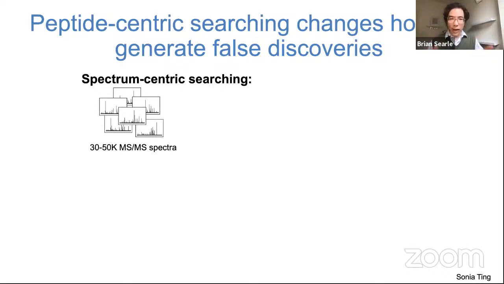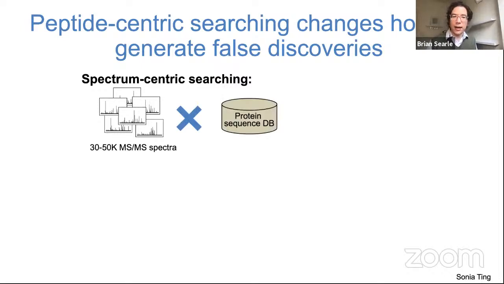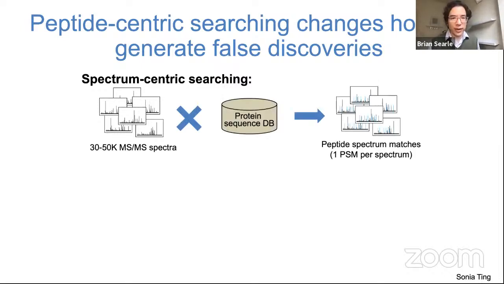Then we can check each one of those against a protein sequence database, and we make a peptide spectrum match, or a PSM, as we talked about earlier, based off of each spectrum. So we've got 50,000 spectra that we're interested in, and now we're trying to make 50,000 assignments for peptides in that experiment.